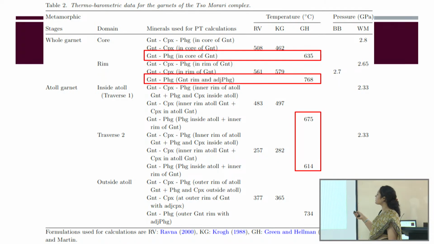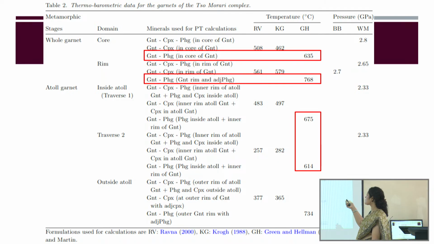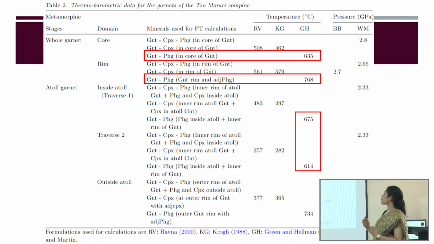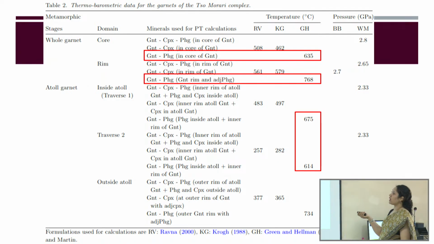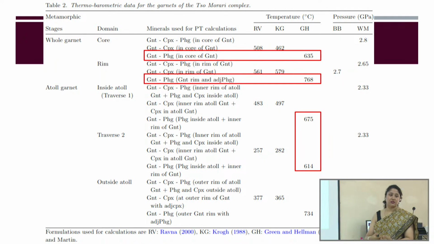So we get a temperature of 635 degrees. Of course, I have not worked out the pressure here because you need other minerals which are stable to calculate pressure. So pressure was calculated based on garnet, CPX and phengite at 2.8 GPa. The rims of course showed higher temperatures, because you're subducting, the crust is subducting.